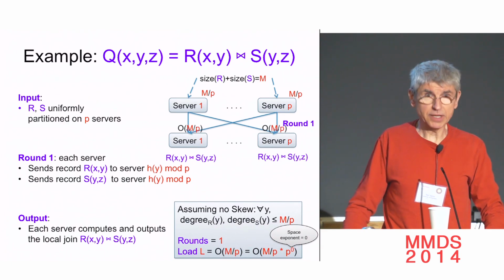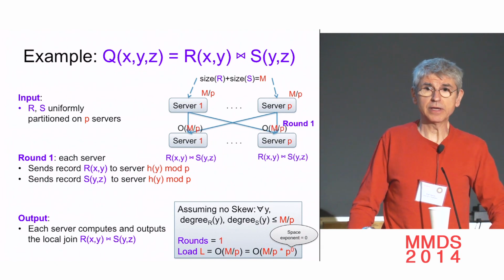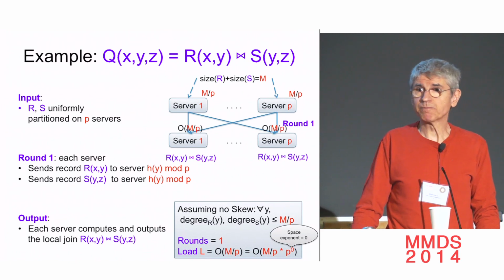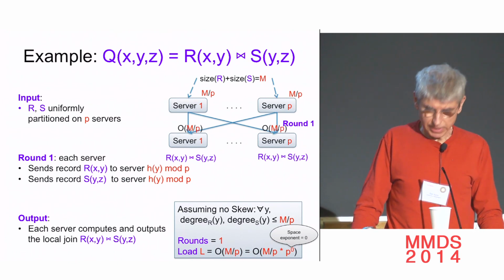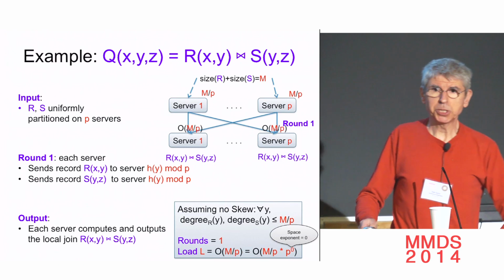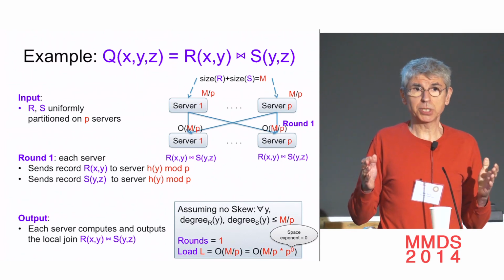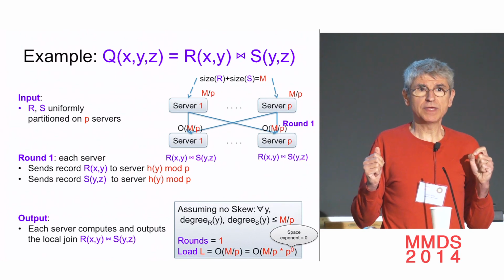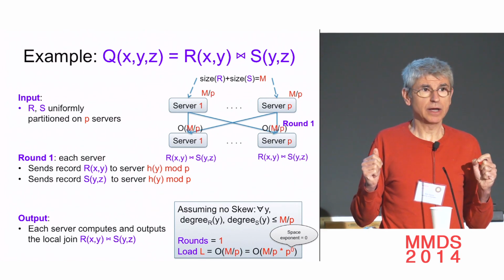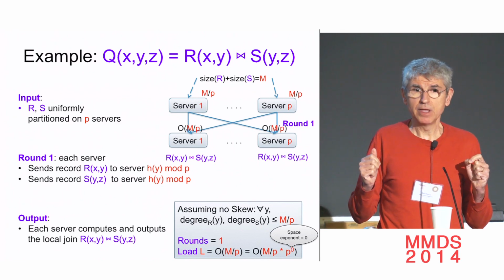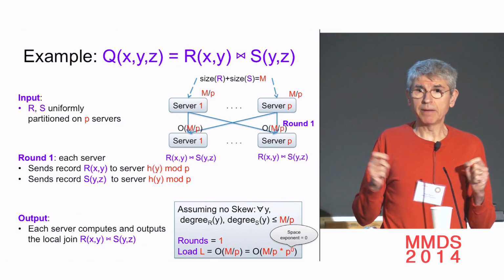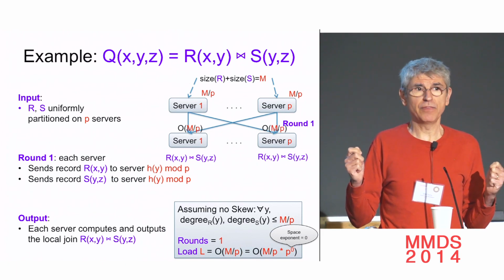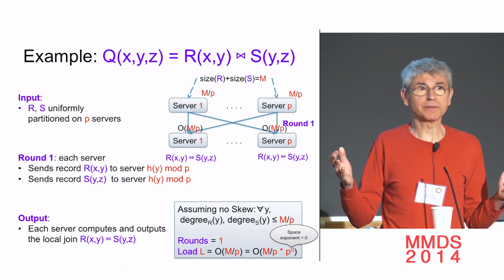The load in our model is, the ideal one, M by P, assuming that there is no skew. So what is skew? In this context, imagine that you need to partition every relation into P buckets, and you're using the value y to do this partitioning. Now, if one value y appears more than M by P times, then of course that bucket will be overloaded.